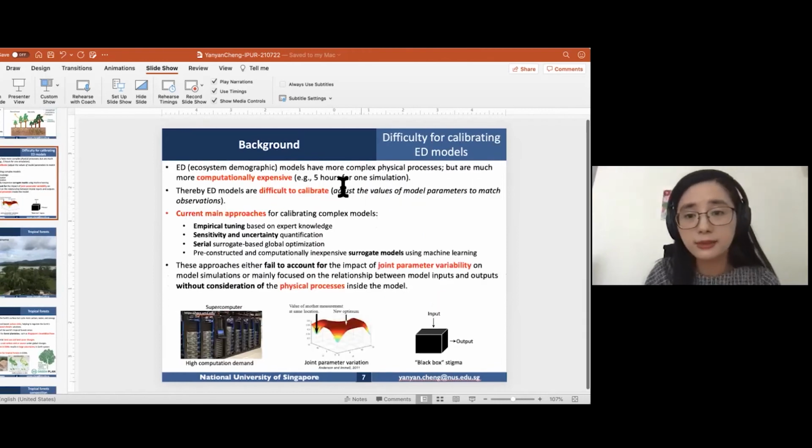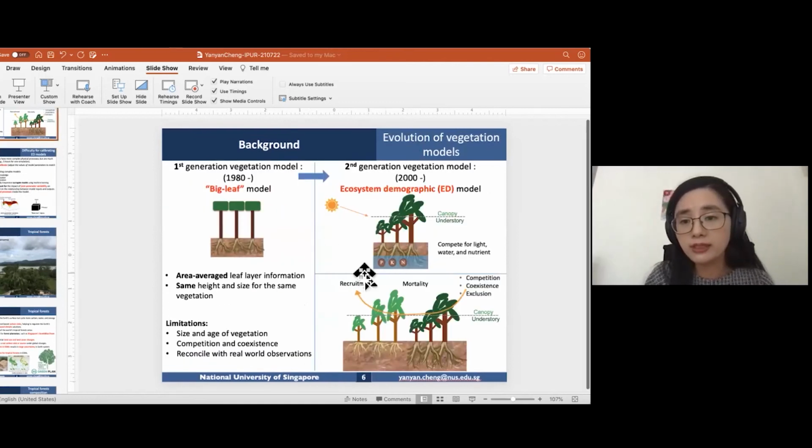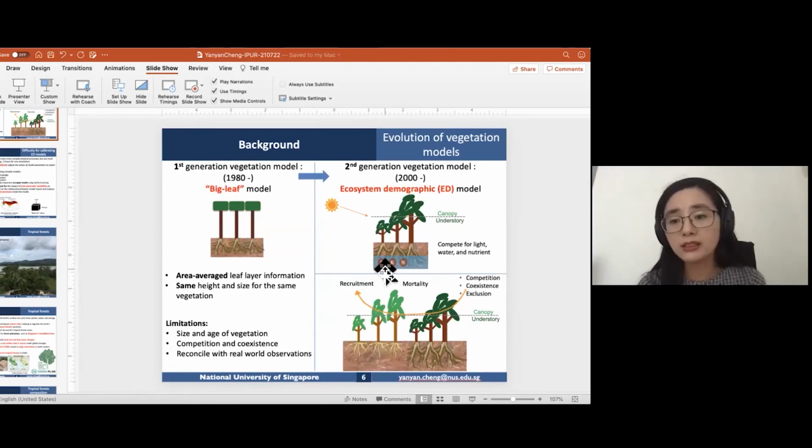It will take 5 hours for one simulation, just for one piece of forest, because it has many detailed simulation processes, such as photosynthesis and respiration, and the different species will compete for resources in the soil, such as water and nutrients. So there are also very minor-scale processes already included in these ED models.